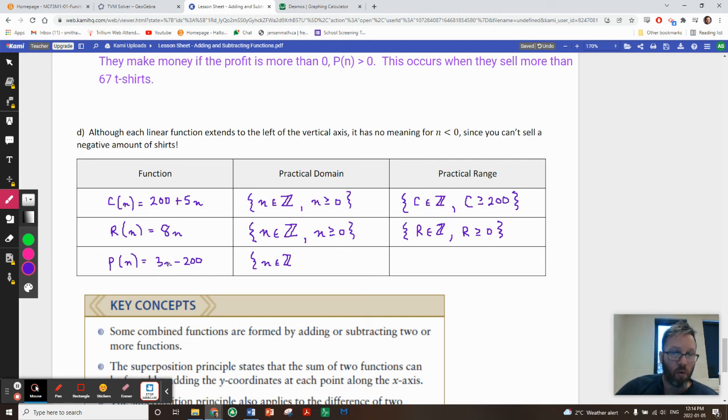If the domain of those is n greater than or equal to 0, the domain of the difference function is the same. And finally, the practical range: the absolute lowest the profit can be is negative 200, losing $200. The profit is greater than or equal to negative $200.